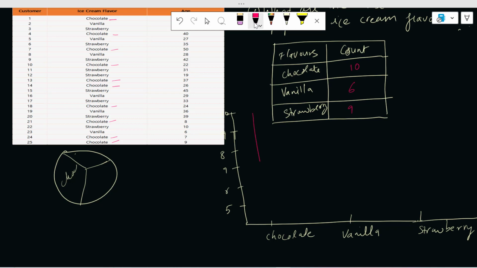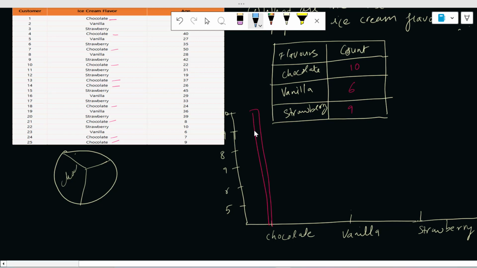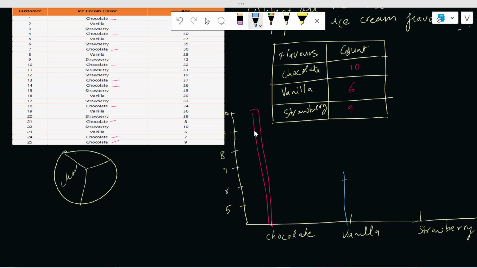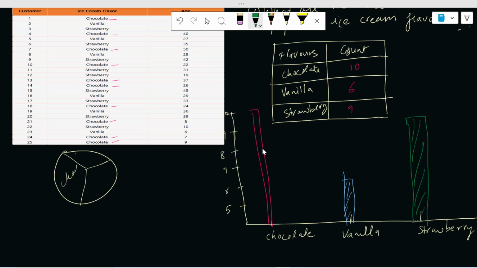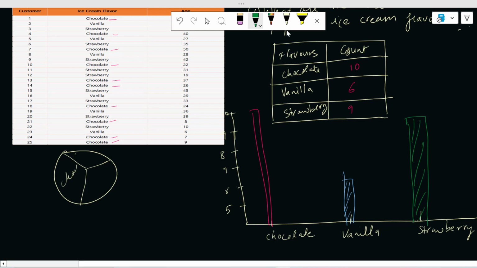For chocolate we have 10. For vanilla we have it up to this point, and for strawberry we have up to 9. So that was a slightly bad drawing, but the point here is to understand that we can make out with the help of the height of these bars which one is the highest and the most popular.